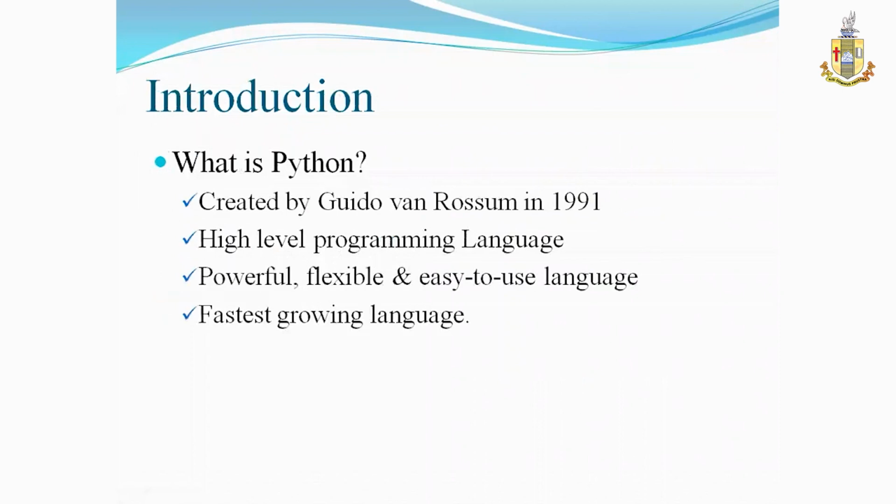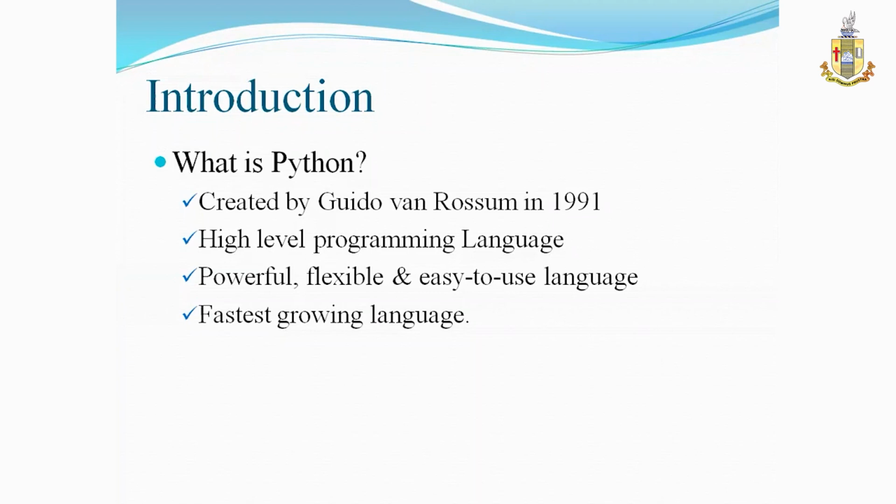So first, Python was created by Guido van Rossum in the year 1991. And Python is a high level programming language. High level programming language means it is easily understandable and readable by a human being.